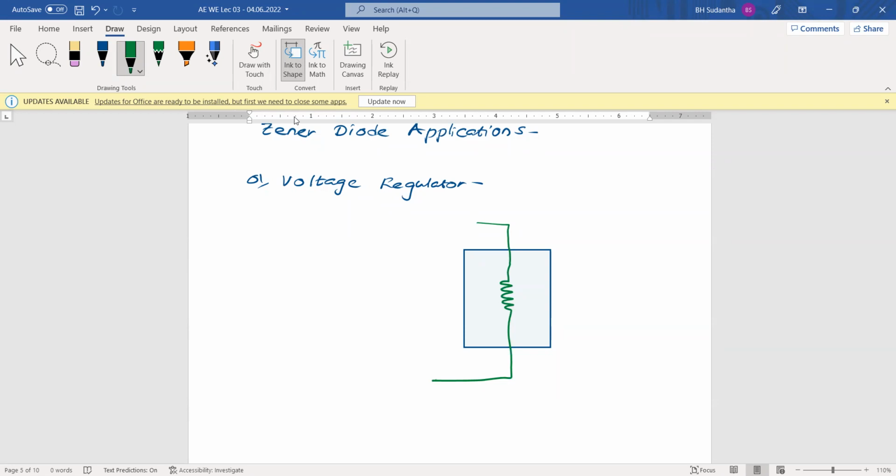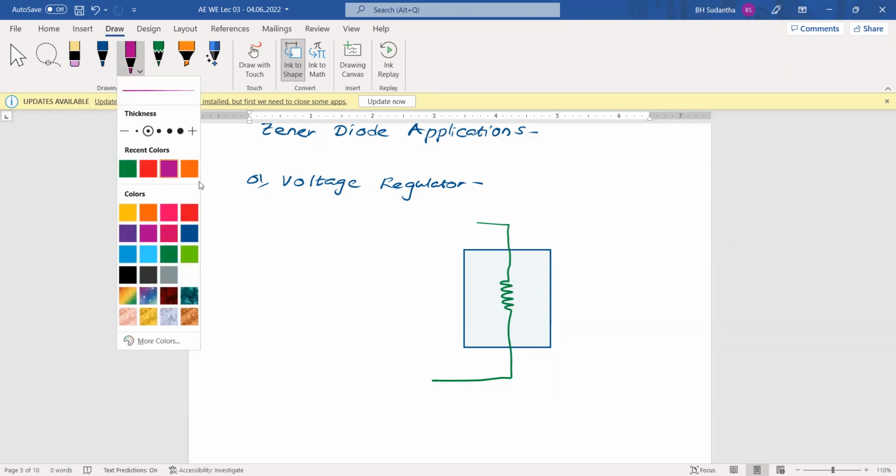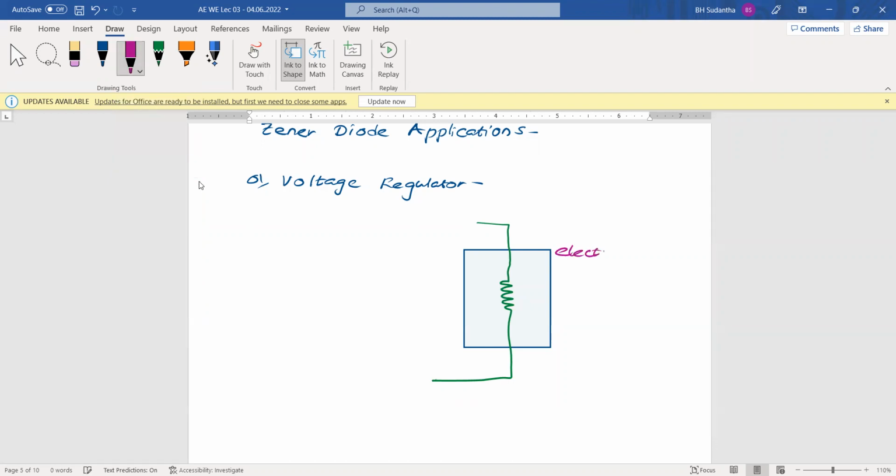This is our electronic circuit, but this may be a variable resistor. Why am I telling you this variable resistor?